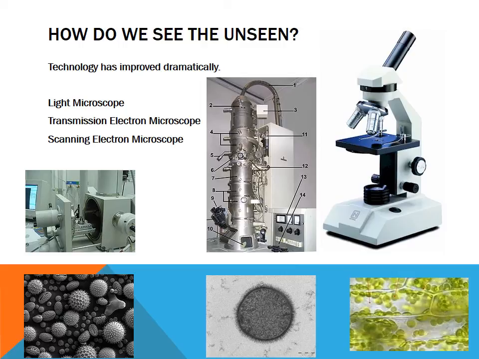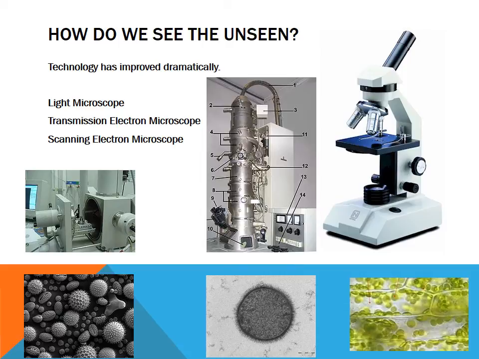A scanning electron microscope uses electrons, but scans along the edge of a cell. Sort of like if you've been to the grocery store and you've seen a laser popping up through when you're scanning your groceries. So it will follow the contour of that thing. If you were to put your hand in front of that scanner, it will follow all the contours of your hand, sort of running along the edges of it.